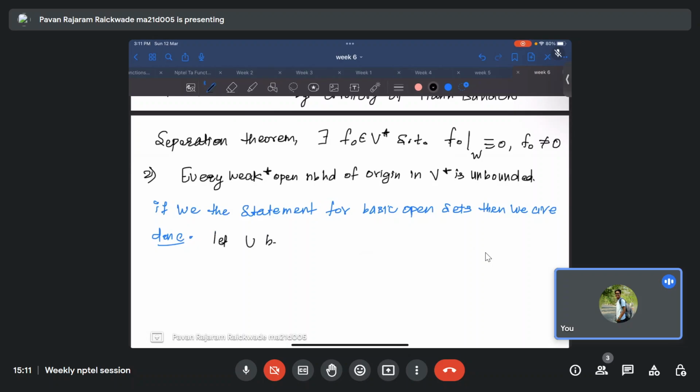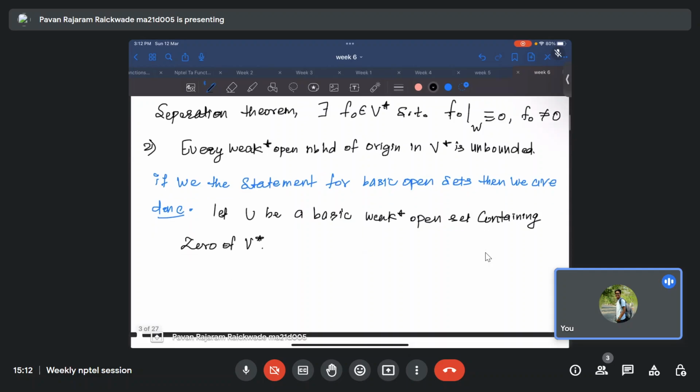Let U be a basic weak star open set containing 0 of V star. That means U is some xi hat inverse of an open neighborhood of R containing 0.